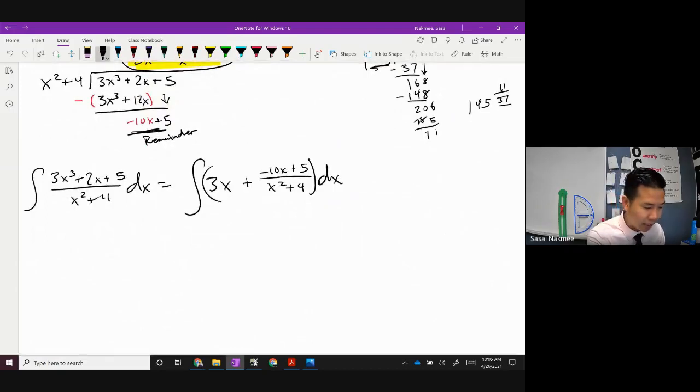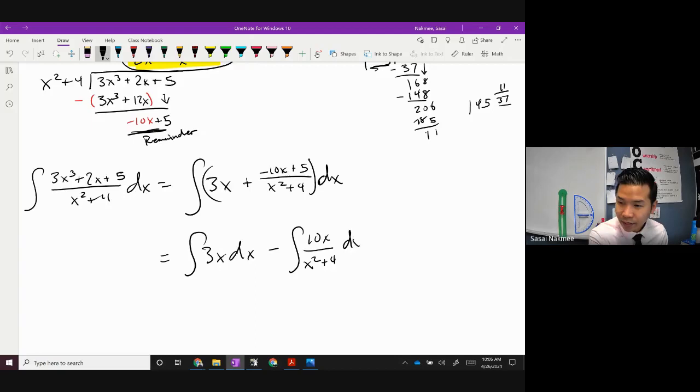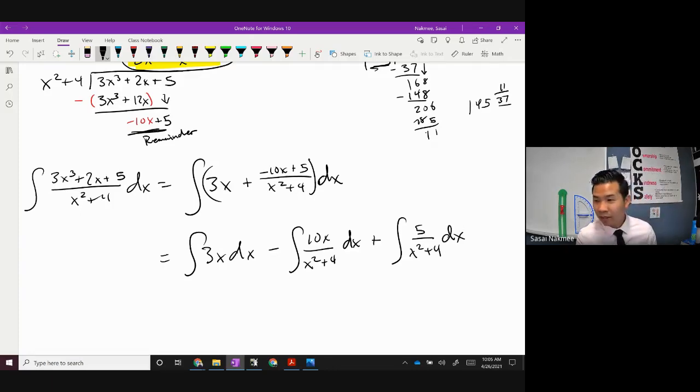Now I'm going to rewrite this as the integral of 3x dx minus the integral of 10x over x squared plus 4 dx plus, and then I'm going to break this up right here, the integral of 5 over x squared plus 4 dx. So I'm just splitting this up so I can handle them piece by piece.